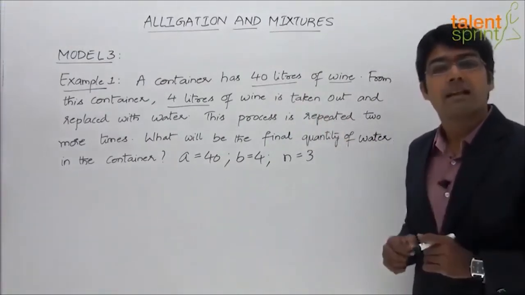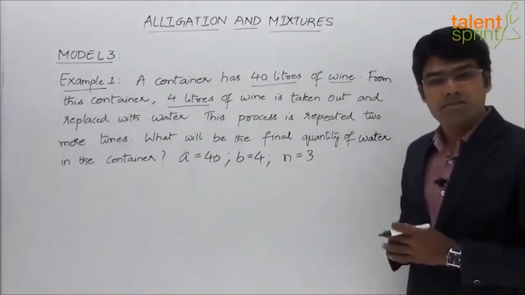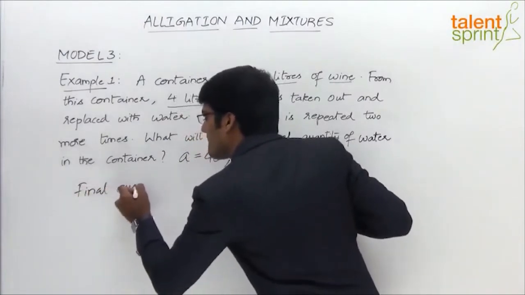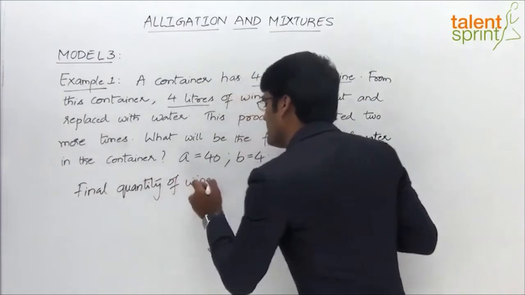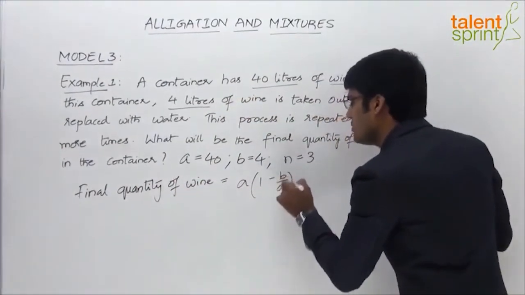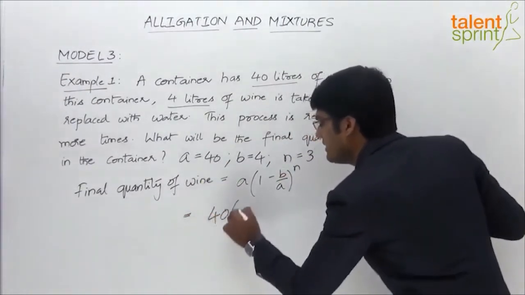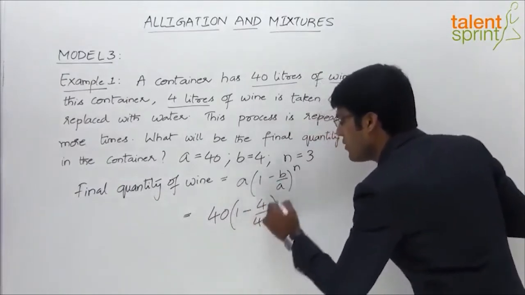So let's understand what will be the final quantity of wine in the container after 3 operations. So final quantity of wine can be taken as A into (1 minus B by A) whole to the power of n. So this will be equal to 40, because A is 40, into (1 minus 4 by 40) whole to the power of n.